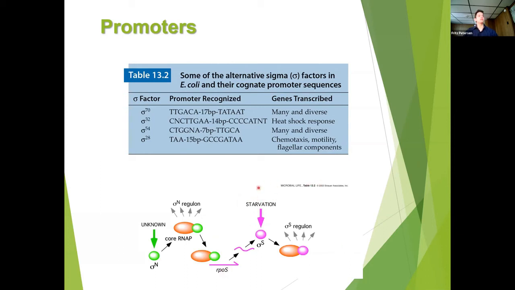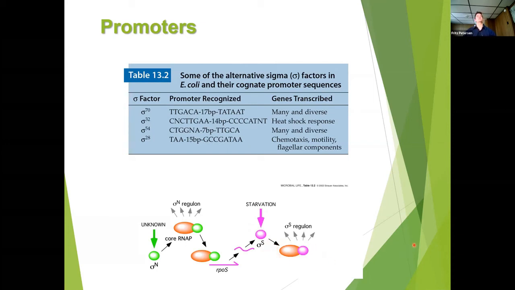It's acting on the cell. So now the cell can use its sigma factors to increase the expression of genes that will help it to survive starvation.